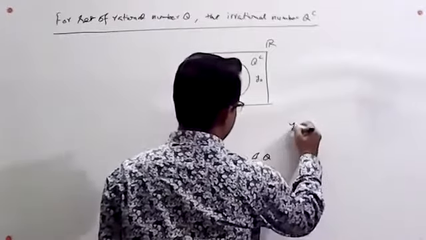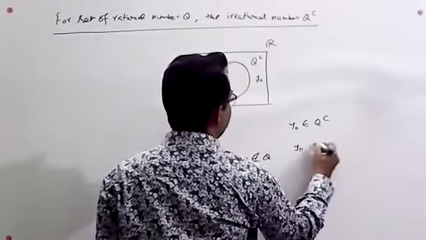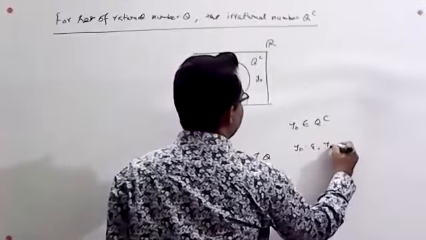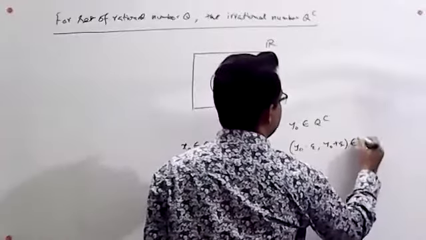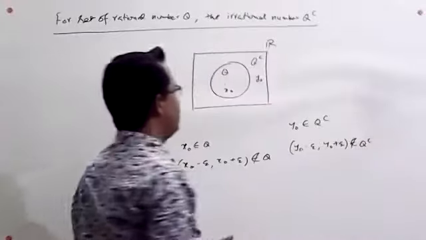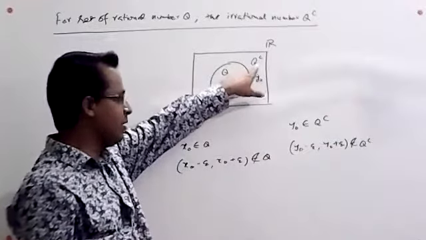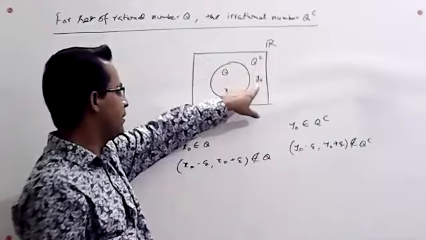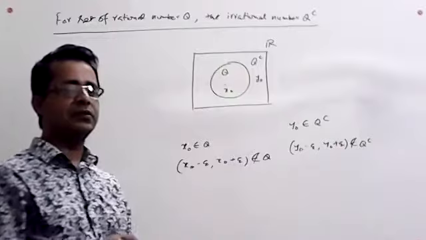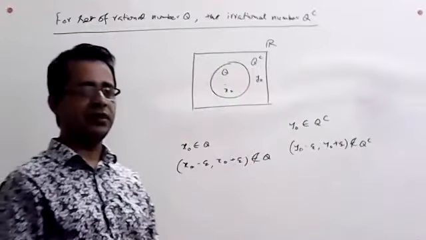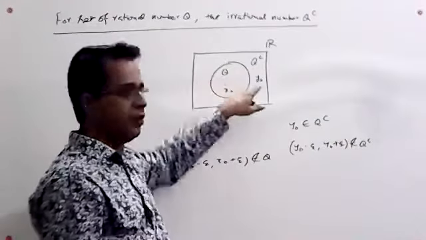If y0 belongs to Q complement, then y0 minus epsilon to y0 plus epsilon is not completely contained in Q complement. So y0 cannot be called an interior point of Q complement. That is why it cannot be called an exterior point of Q. So there is no real number which can be treated as an interior point of Q or an exterior point of Q.